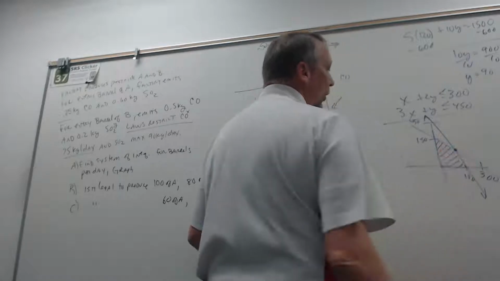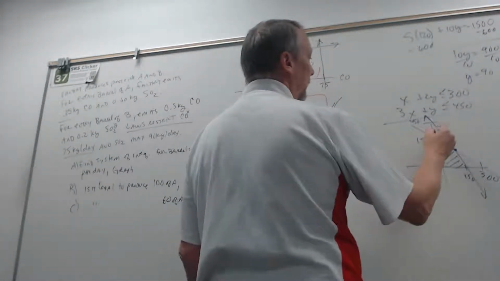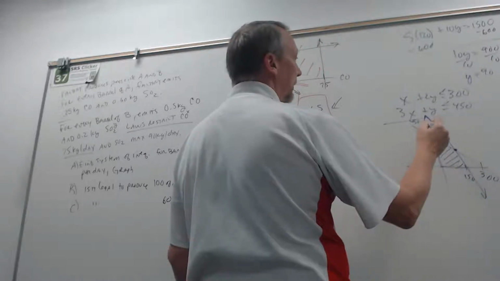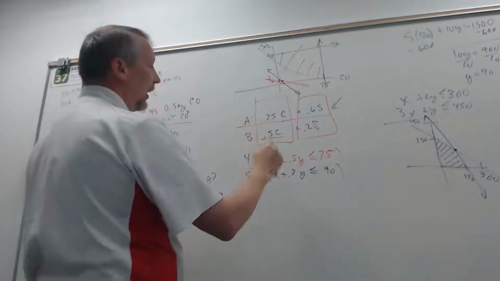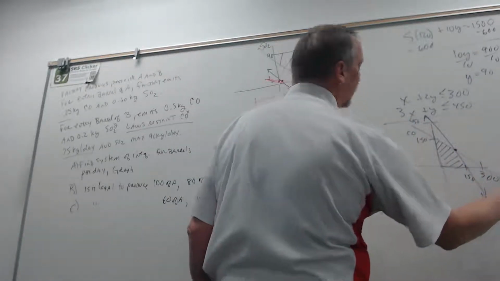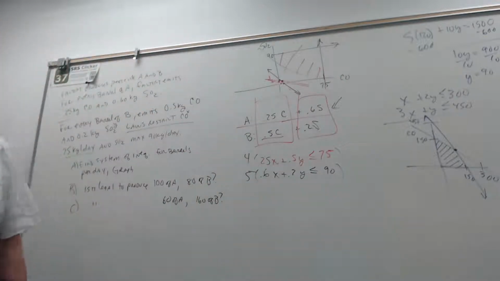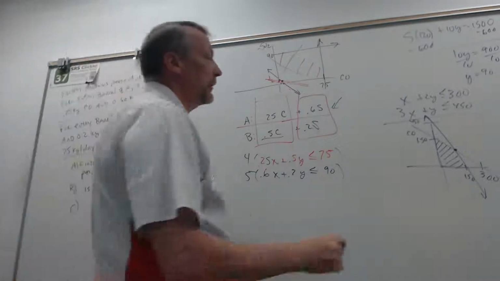So we could emit up to 150. Let's see, what does my X represent? X is your carbon, this is your carbon monoxide, this is your SO2. I've completely flipped that around, haven't I? Don't we still need the 90 and 75 lines? The 90 and the 75. Oh, yes, we do, you're right.